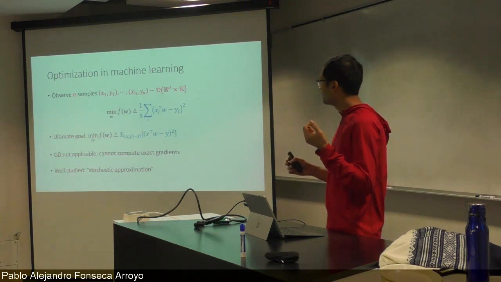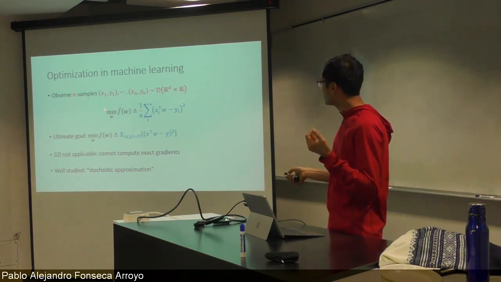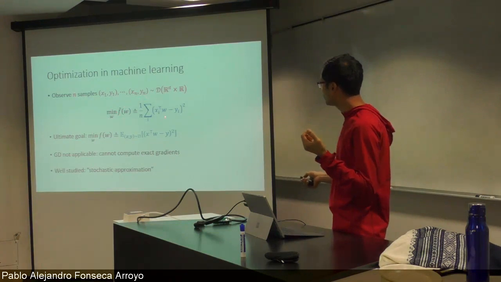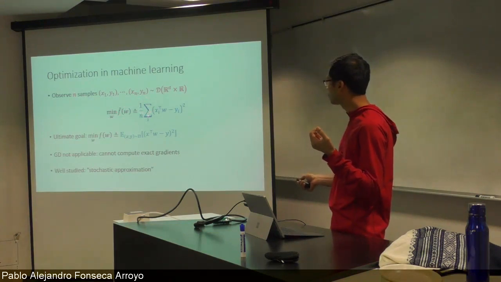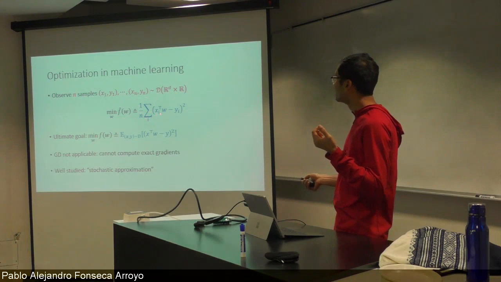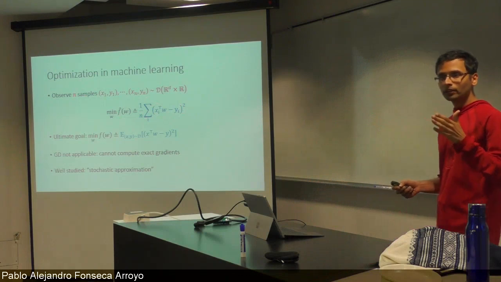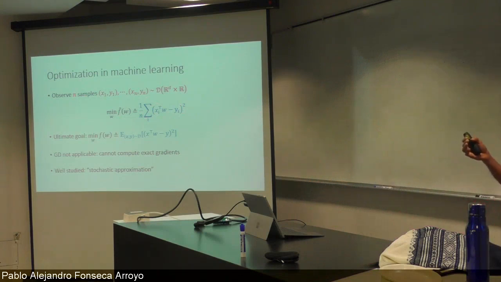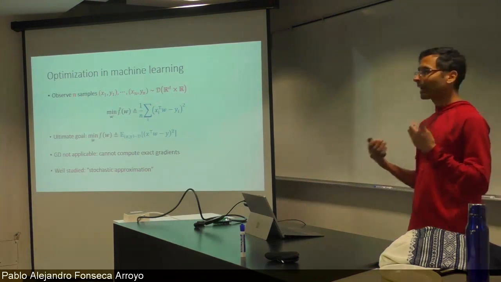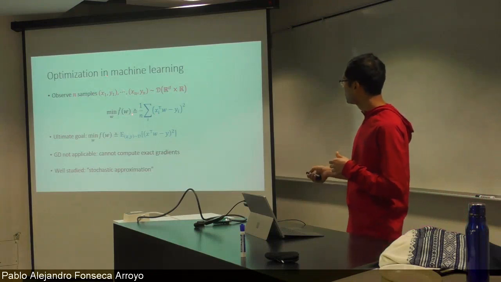We usually write down the empirical function, which is 1 over n, the number of samples, summation over i over all the samples, in the linear regression setting, (xi transpose w minus yi) whole square. We are trying to fit a linear predictor to (xi, yi), and in practice what we do is solve this empirical problem.